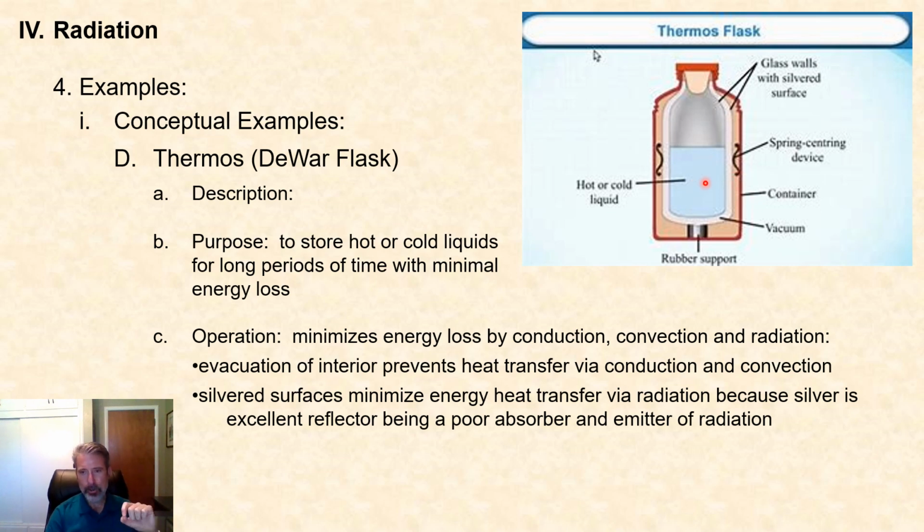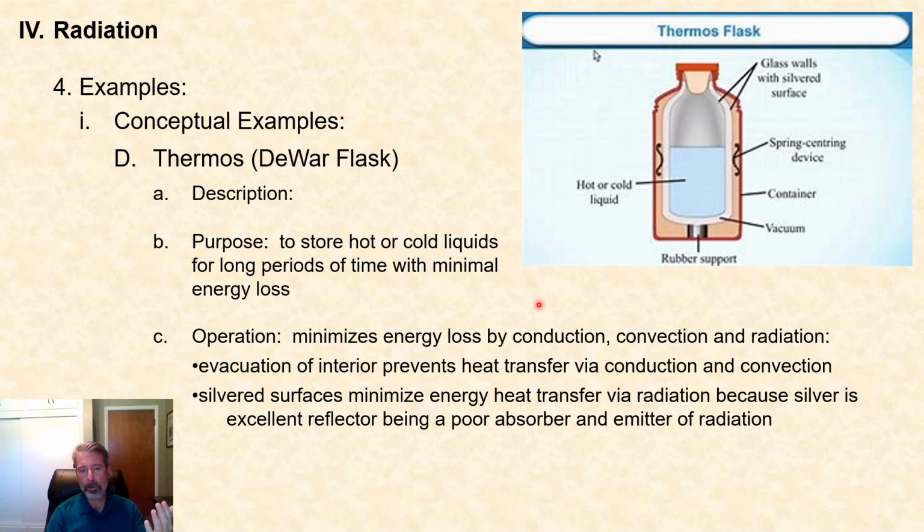When electromagnetic waves hit those walls, they will get reflected rather than transmitted, because silver walls are not a good absorber of radiation, but rather a reflector of radiation. So that's the idea with the silver walls. Using all 3 methods of energy transfer in this design, you are basically eliminating or really minimizing the transfer of heat.